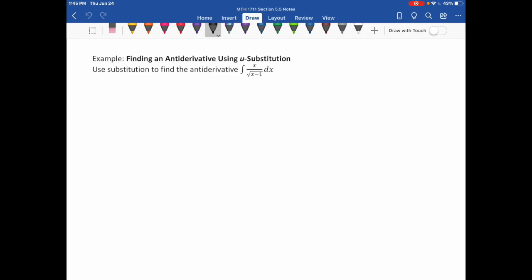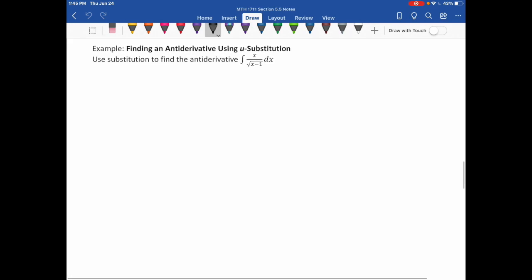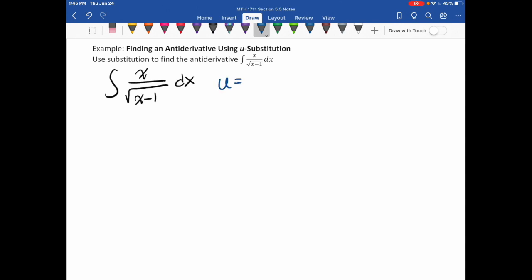This will be our last example with indefinite integrals and use substitution. And then we're going to go on and practice a few examples with definite integrals where we have to actually evaluate as well. So we have the integral x over the square root of x minus 1 dx.